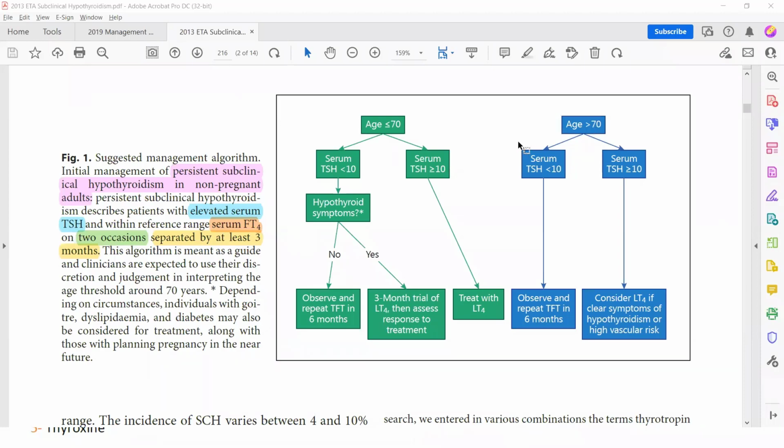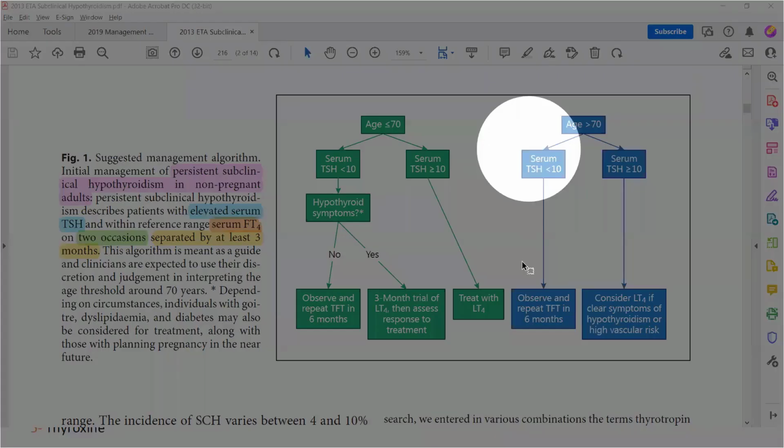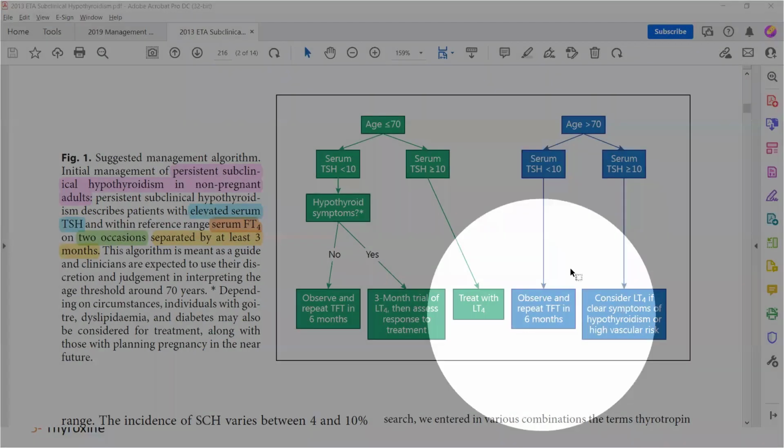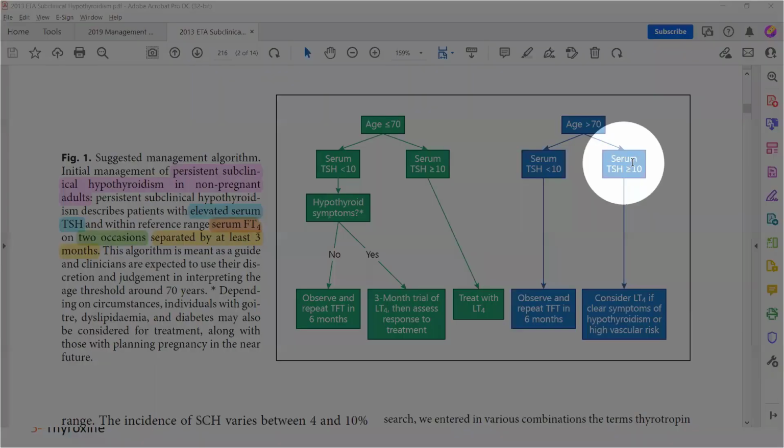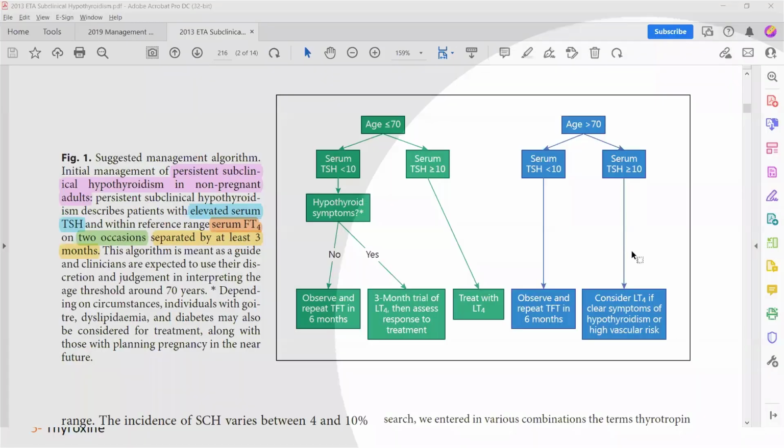If the serum TSH is less than 10, observe and repeat thyroid function test within 6 months. If the TSH is more than 10, consider treatment only if there is a clear symptom of hypothyroidism or high vascular risk. In this situation only we should consider treatment, but we should start with a small dose of levothyroxine.